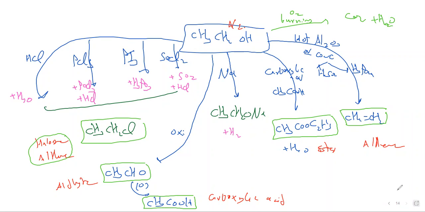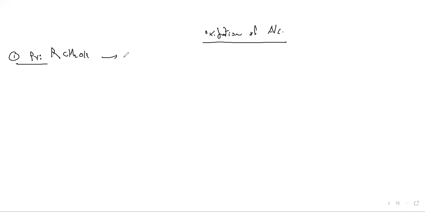And then for oxidation of alcohols, we said that for primary, it will be RCH2OH. This RCH2OH will be oxidized to aldehyde, then carboxylic acid.